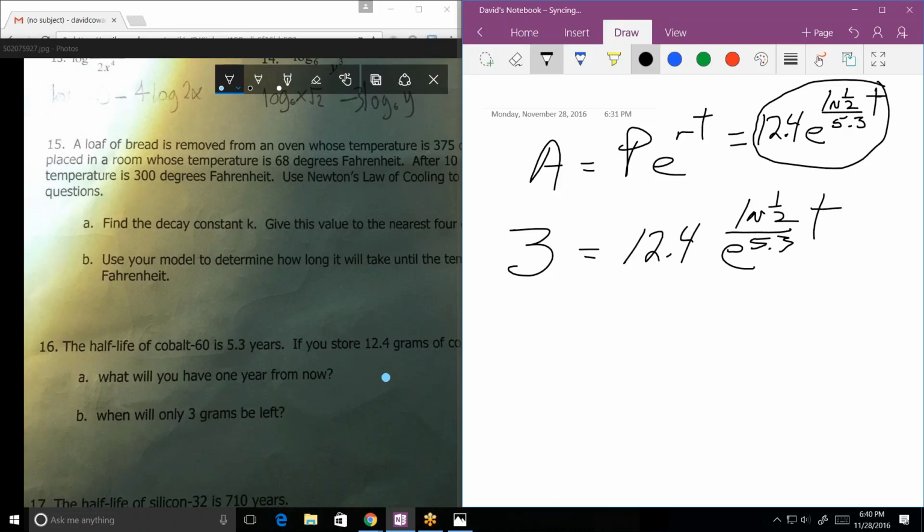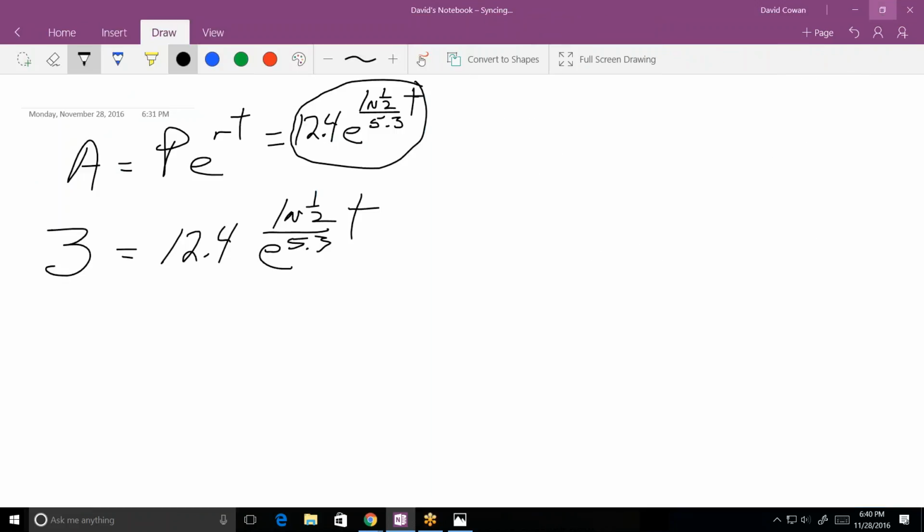This is the next step. Divide by 12.4. So now we've got 3 divided by 12.4 equals all of that.